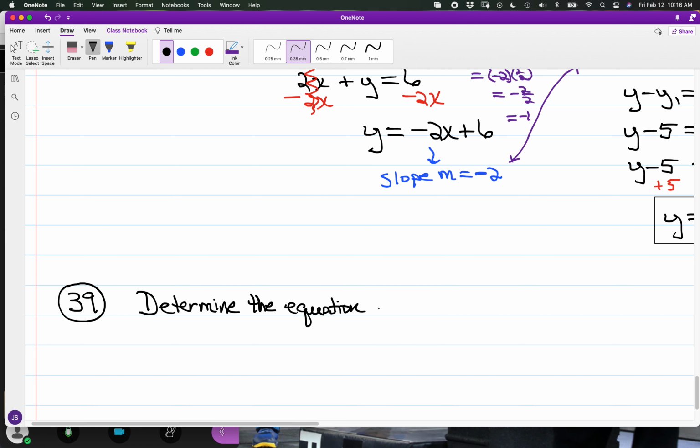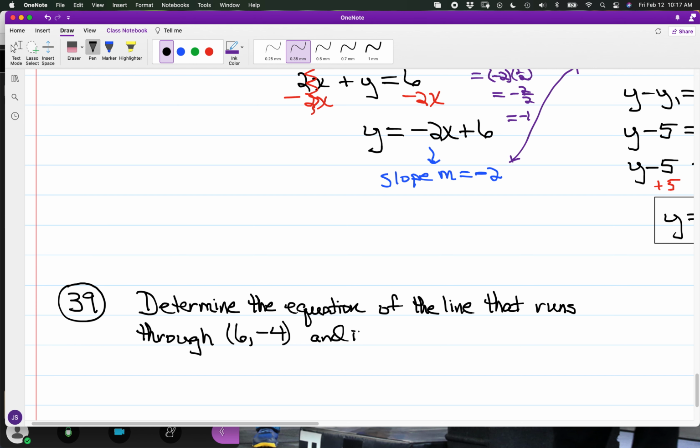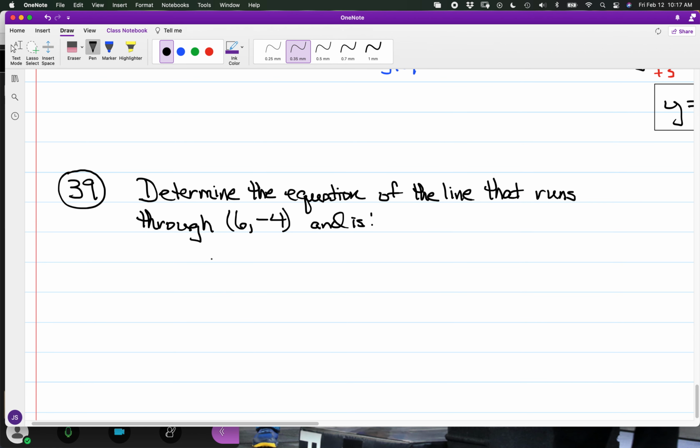If I determine the equation of the line that runs through (6, -4), and we'll just call this part A, and is perpendicular to the line represented by the equation x minus 5y is equal to 1.